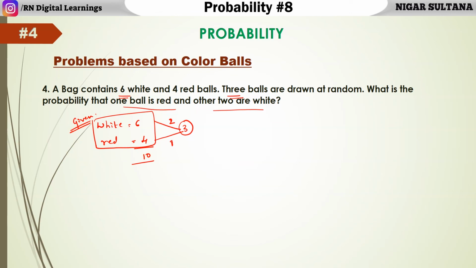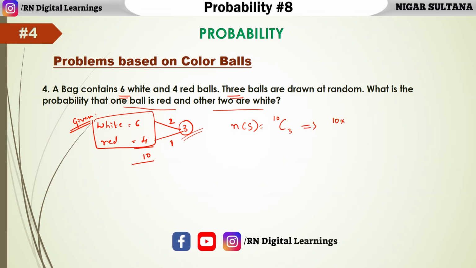Now how many have to be picked up? 3. So now n of S is equal to 10C3. Simplify this: 10 into 9 into 8 divided by 3 into 2 into 1. When we simplify this, this is 120.